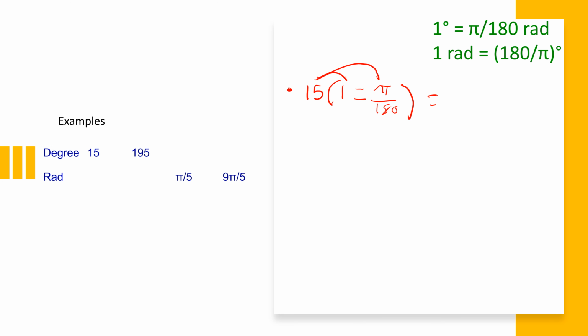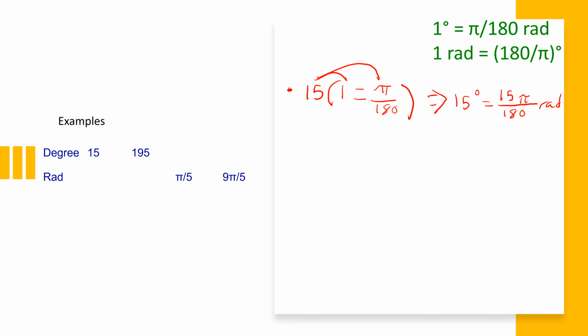So here I have 15 degrees equals 15 over 180 pi radians. And here I want to make sure that I can simplify.